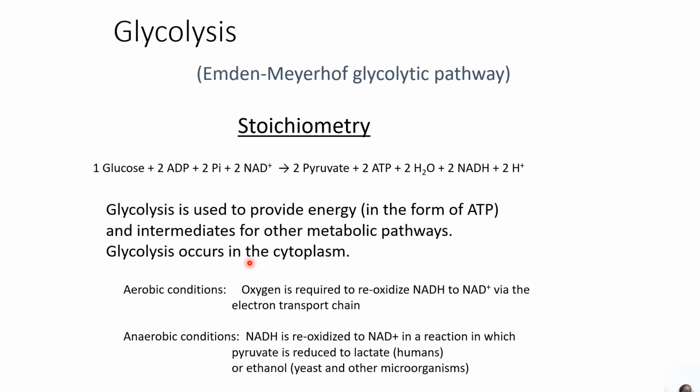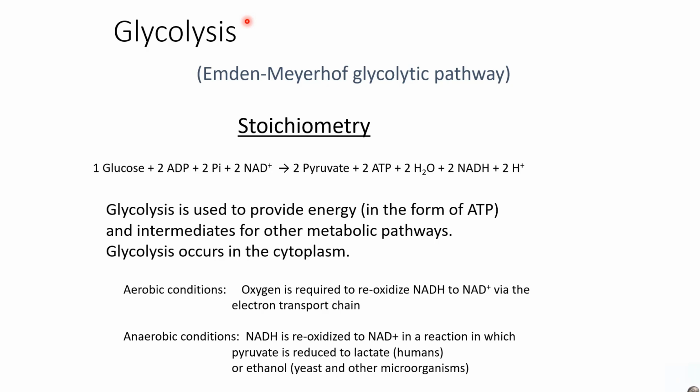Now, talking about glycolysis, or the Embden-Meyerhof-Parnas glycolytic pathway. So this is the stoichiometry. We have discussed a little bit about glycolysis in the last class. So glycolysis is used to provide energy in the form of ATP, obviously, and intermediates for other metabolic pathways, and glycolysis occurs in the cytoplasm.